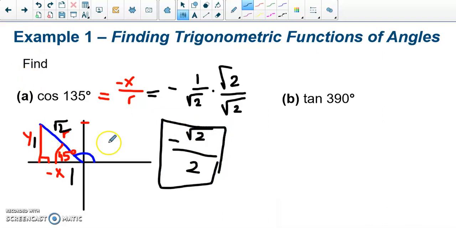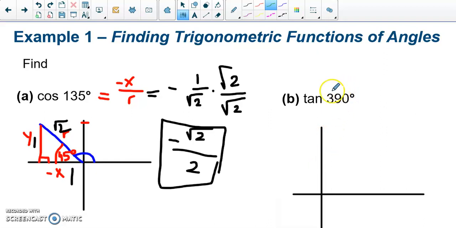Whoopsie. Now, what about tangent of 390 degrees? So what is that? First of all, we already have a full circle of 360, right? So we can imagine that we went around the circle once and then 30 degrees more to get us here.